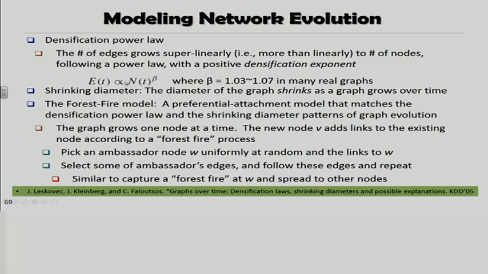This one is a k. Okay, that's linear. But actually, it's more than linear. It means this beta is a little bigger than 1. Okay, you can see. They checked the real beta is 1.03 to 1.07 in many real graphs. Simply says it grows not quadratic, but it's definitely bigger than linear. Okay.